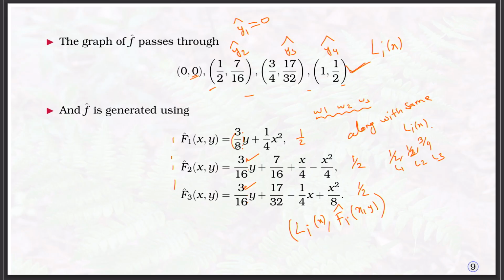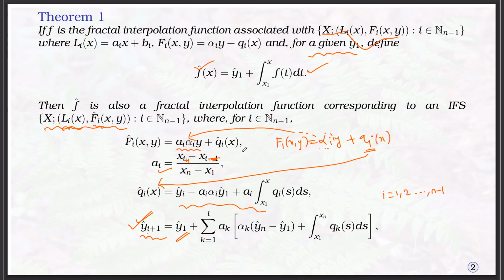Then what is the change in the contraction factor? For example 3 by 8, the contraction factor will change to ai times alpha i. In the original system it is alpha i.